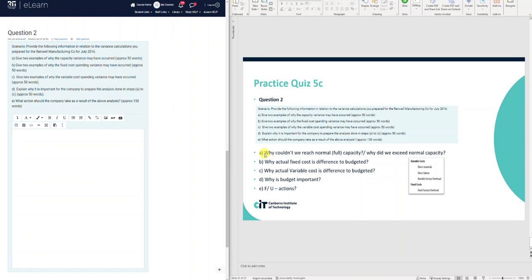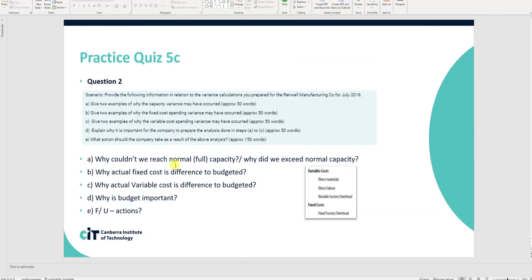So in other words, we are asking why couldn't we reach our normal full capacity? Why did we exceed our normal full capacity? For example, is our machine working properly? Do we have less staff, or do we have better staff training that boosts productivity, etc.? So that's something you need to think about for your answers, right?